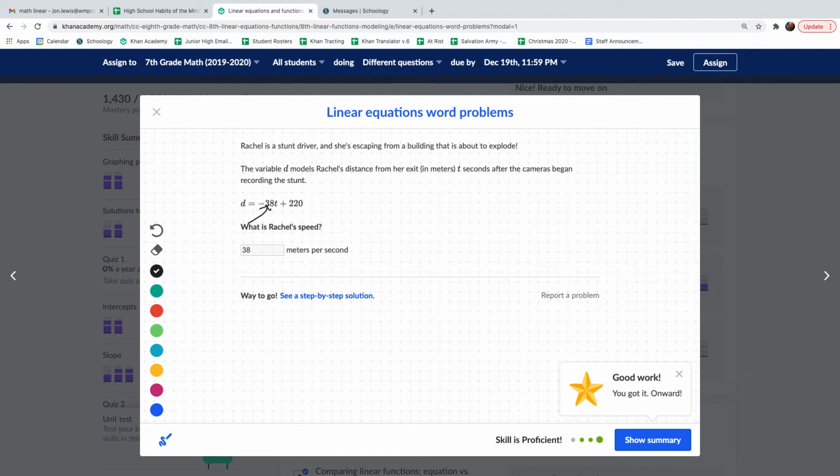This has something to do with high-end physics, but just know this: it is a negative direction, but she's still traveling 38 meters per second. It's not an actual negative 38 meters per second because there's no such thing as negative speed. But there is such a thing as a speed going in a positive direction and a speed going in a negative direction.